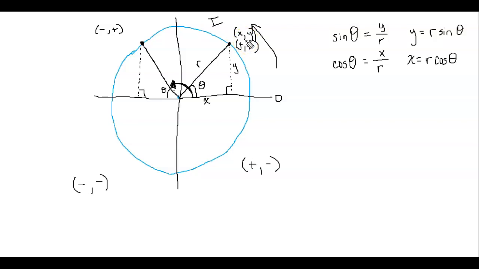And this is why if you go into your calculator and type in sine of 135 degrees, you get a positive sine, but if you type in cosine of 135 degrees, it actually turns out to be a negative number.